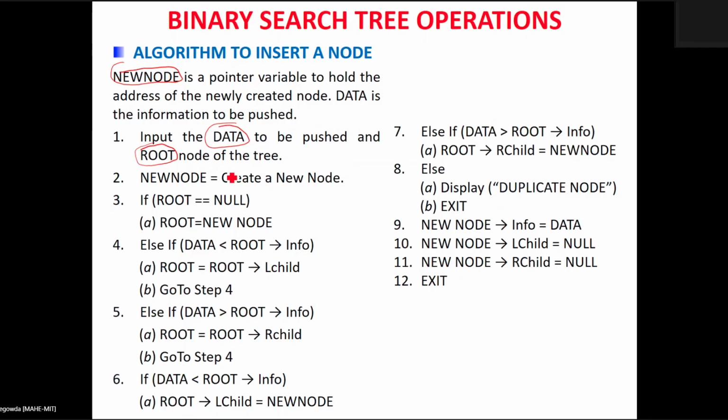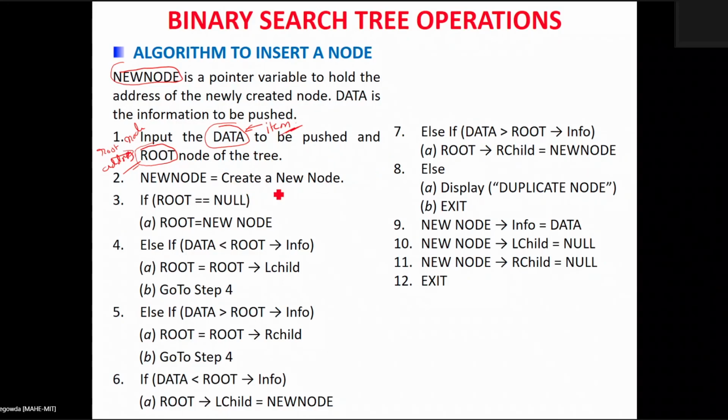The address of the root node of the tree is stored in the pointer variable called root. So root is used to hold the root node address, and data is used to store the item to be inserted into the binary search tree.